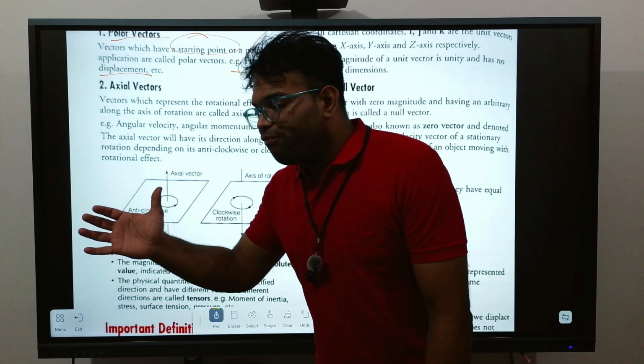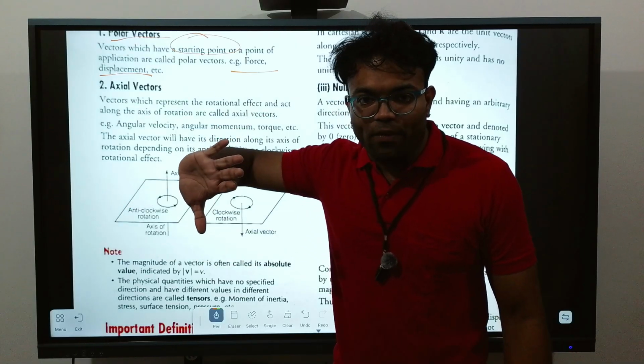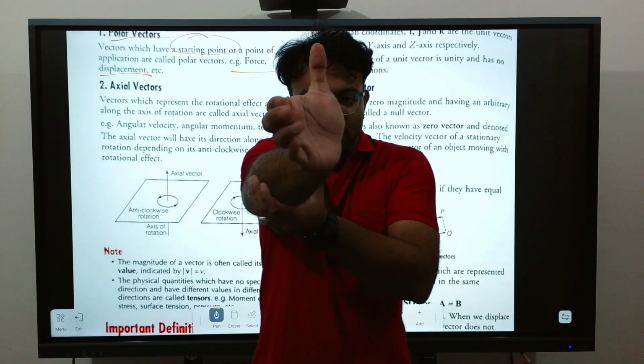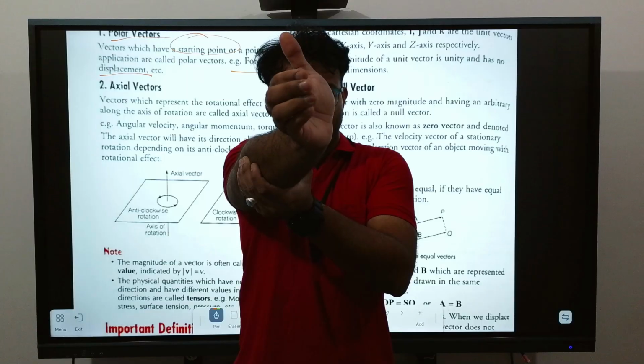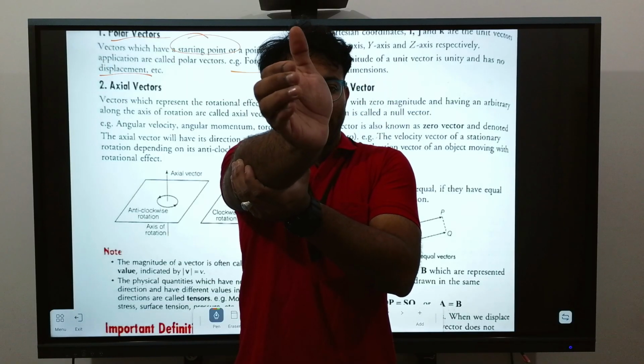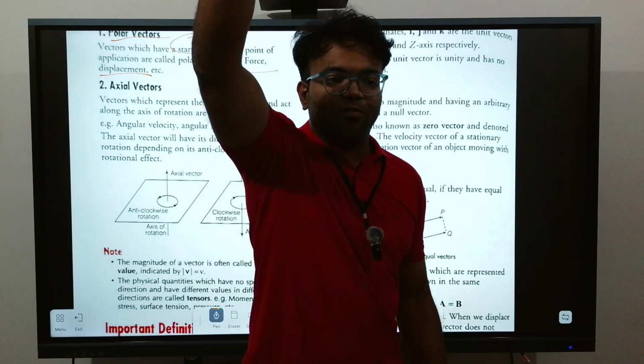Now look at this. If your vector is rotating in an anti-clockwise direction, then the resultant vector will be upwards.